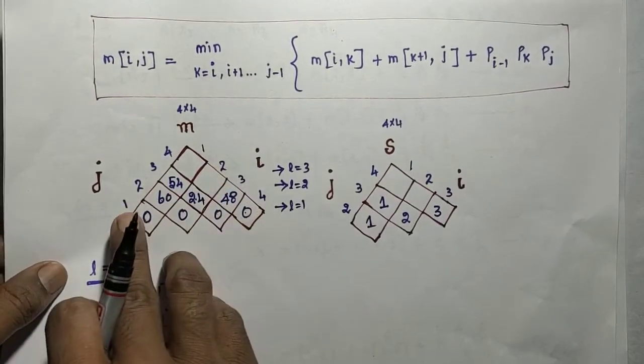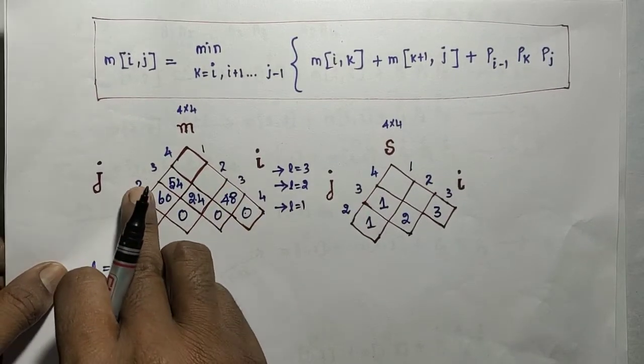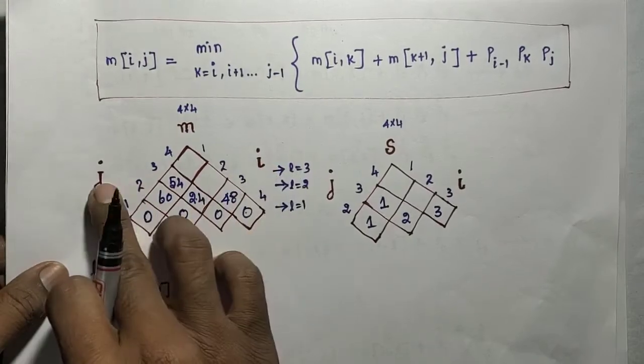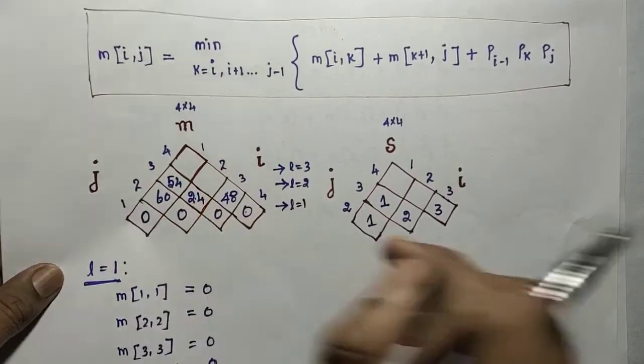When you look at 2 comma 3, don't pick from here, 2 and 3 like that. So I is this, j is this one. So 2 comma 3 is 24.